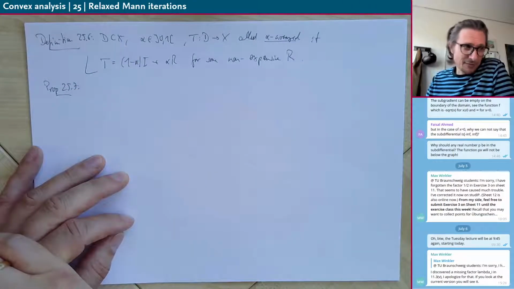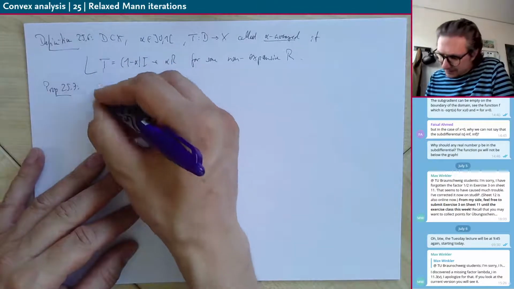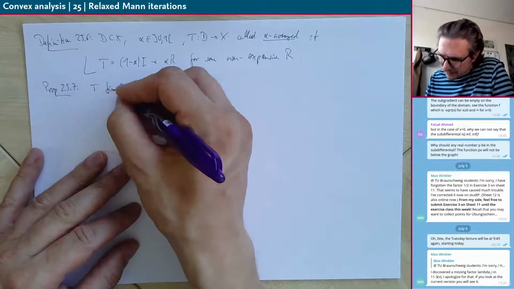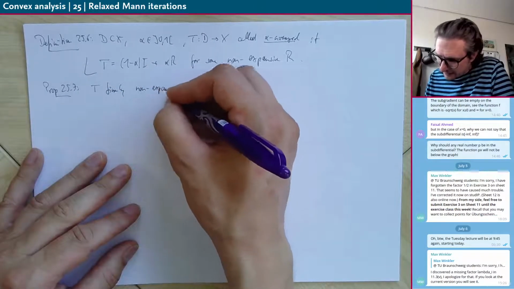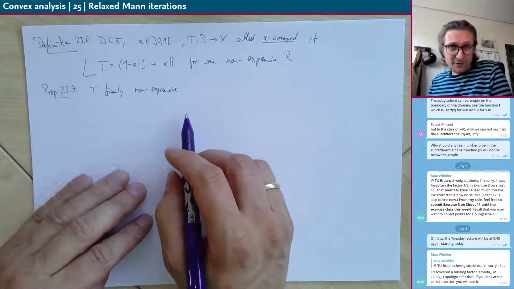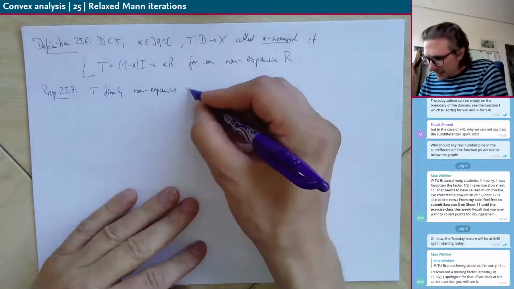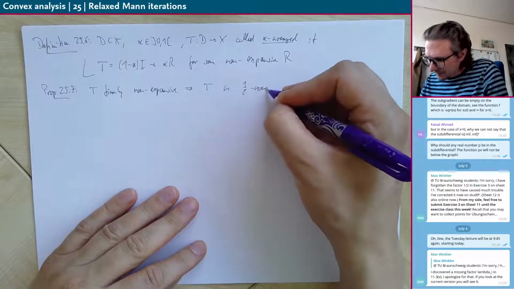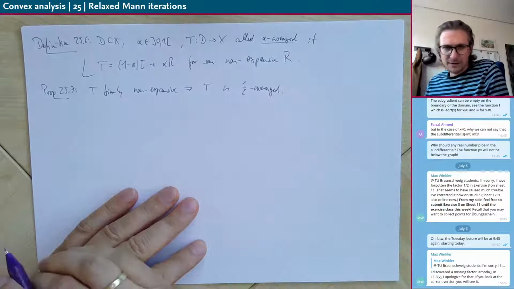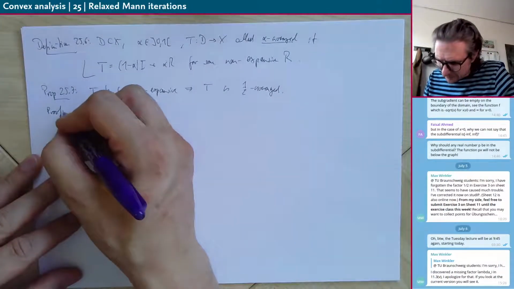So here's the proposition: firmly non-expansive operators are automatically averaged. So if T is firmly non-expansive, and that is true for resolvents, since resolvents are not only non-expansive, they are even firmly non-expansive, then T is 1/2 averaged. That's actually immediate, so we don't have to prove anything.